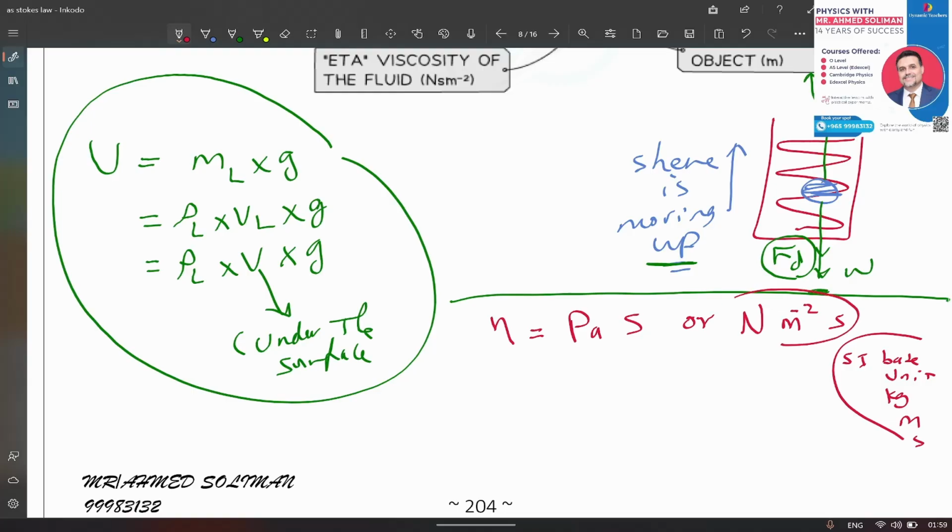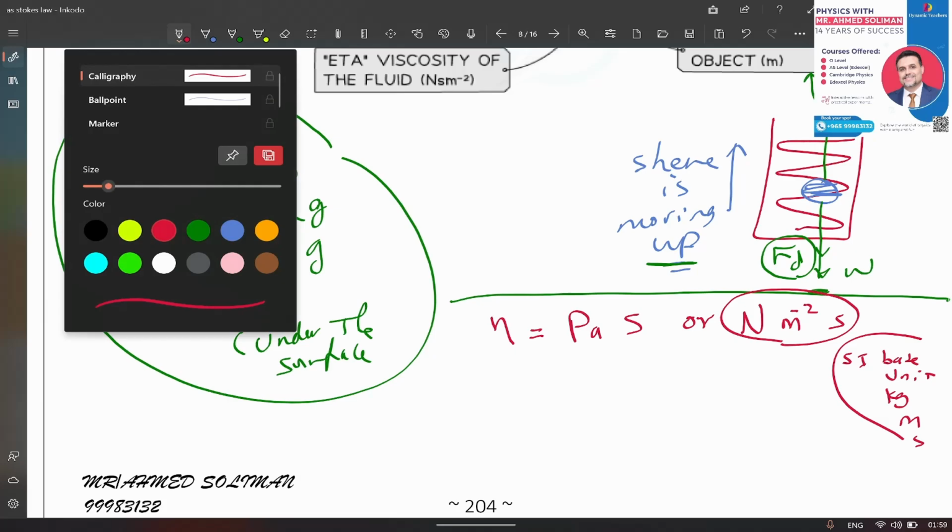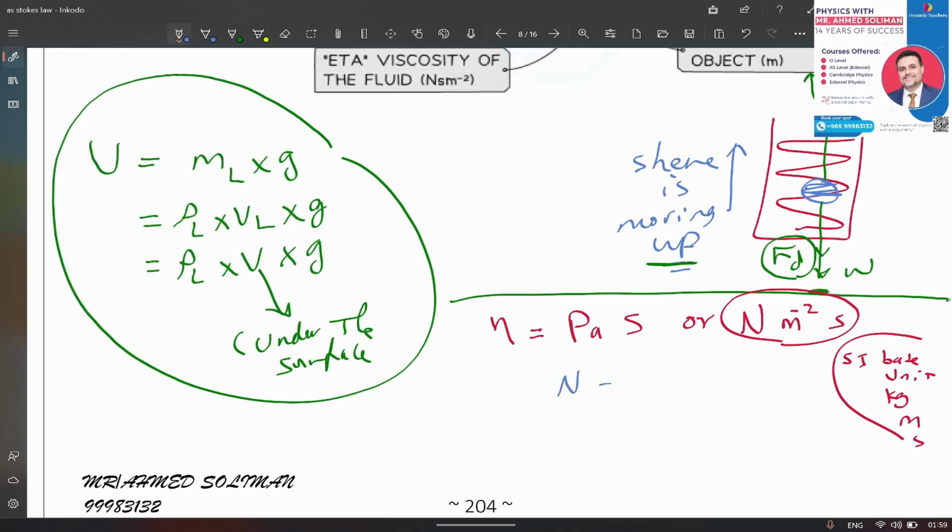We want to convert this because we have Newton. We said before that Newton is kg m s^-2, because force equals mass multiply acceleration. So now we will replace N with this. If we want to write the eta unit, it is Pa s, or N m^-2 s. But sometimes he will ask you in a multiple choice question, so you need to make it simple, in the SI base units.